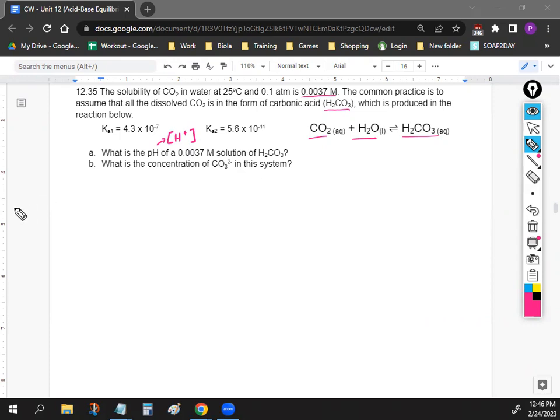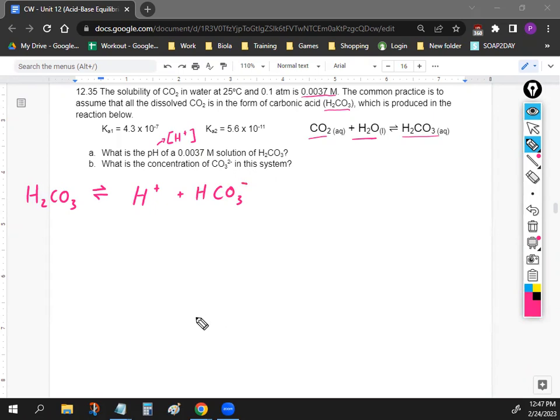Now our equation is not given to us. We need to write the acid dissociation reaction. So this is our acid, right? H2CO3. And we're going to write our equation. It's going to go into equilibrium, because it's a weak acid, with H plus and HCO3 minus. Does that make sense? Why we write that equation?